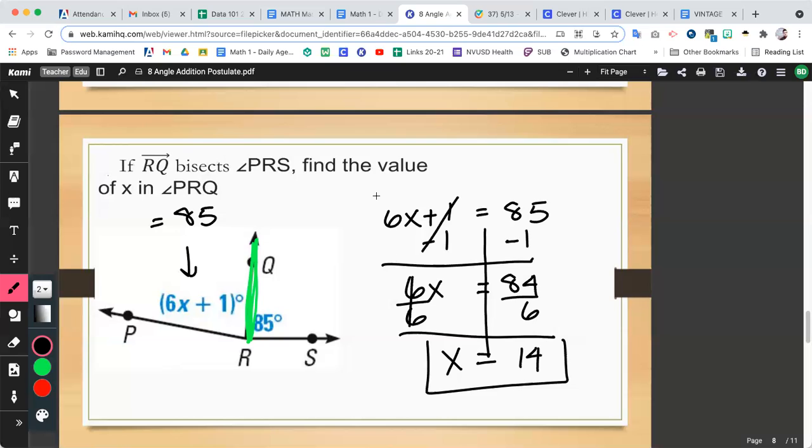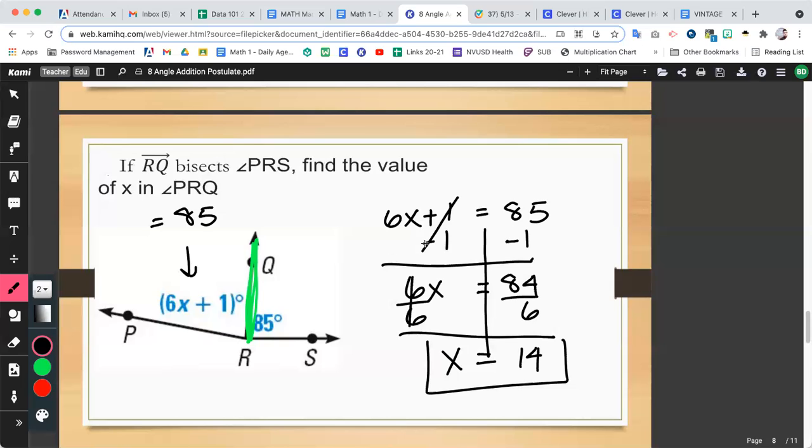We're solving for x. We know that 6x plus 1 equals 85, but that doesn't mean I know what x is. So that's what I'm trying to find. I'm asking, what does x have to be so that this side will be 85 too? That's what we're trying to find. Okay. So we know it equals 85, but that doesn't mean I know what x is.